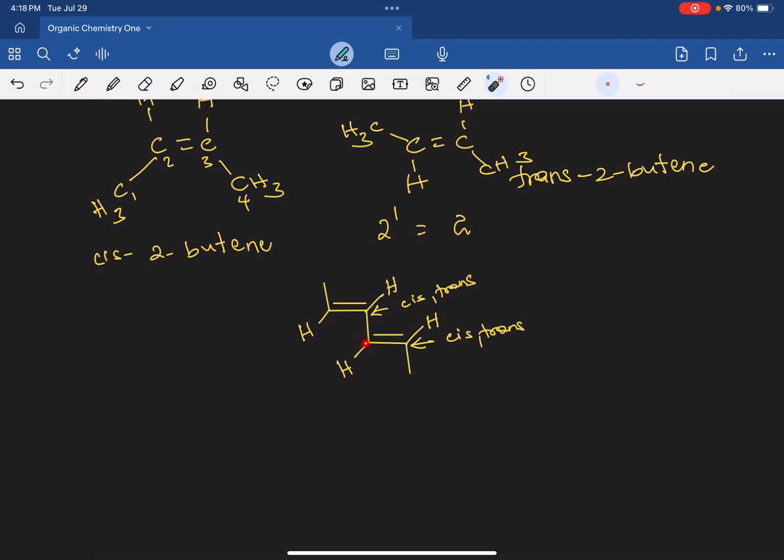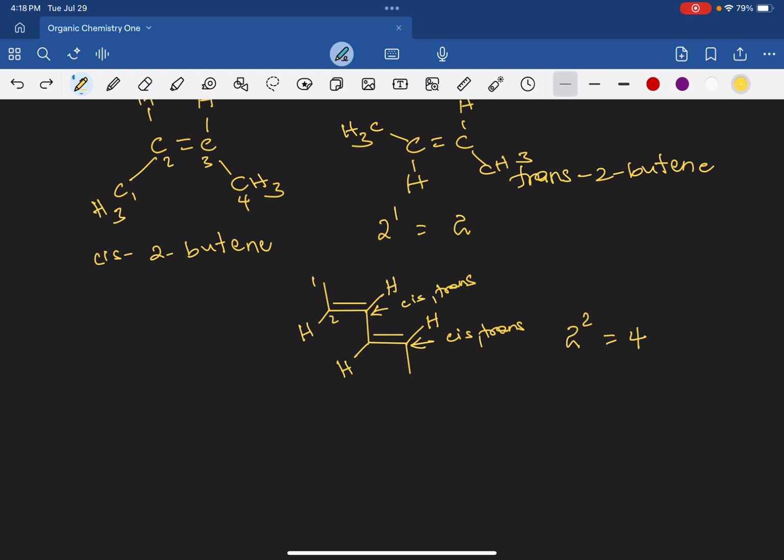Find the double bond. Look if each carbon of the double bond has only one hydrogen. These are the carbons of the double bond. There's one hydrogen here, there's one here. So I have 2 double bonds where I can observe cis-trans isomerism. So 2 raised to the power of 2 is equal to 4. Let's name this 1, 2, 3, 4, 5, 6.